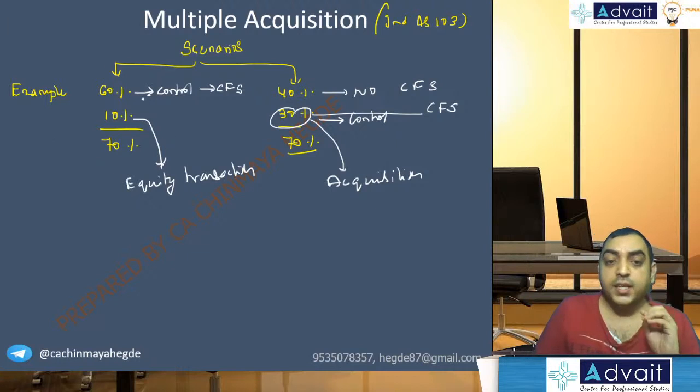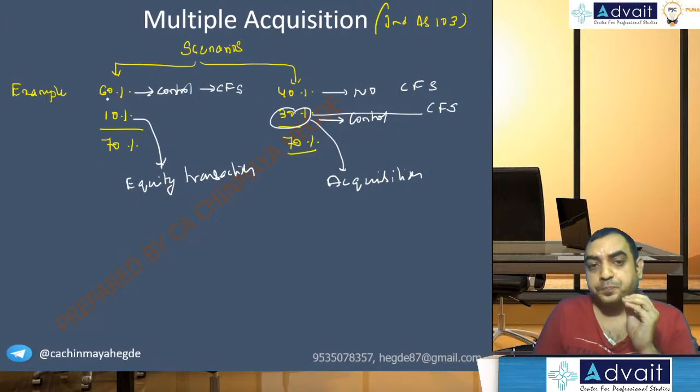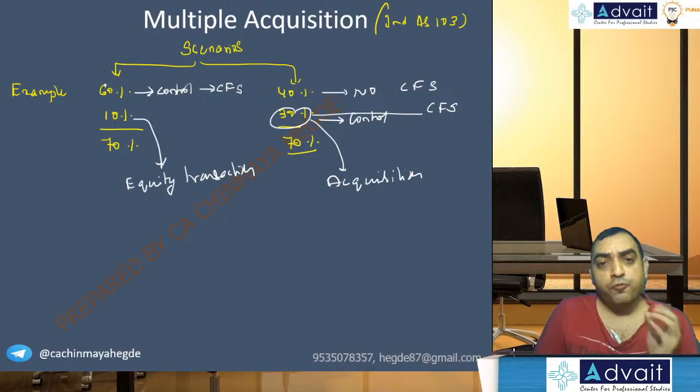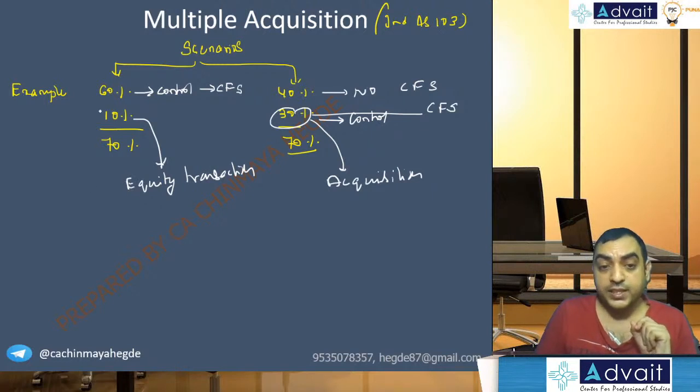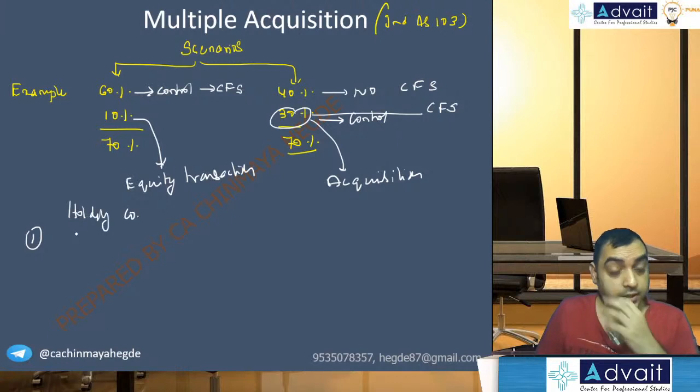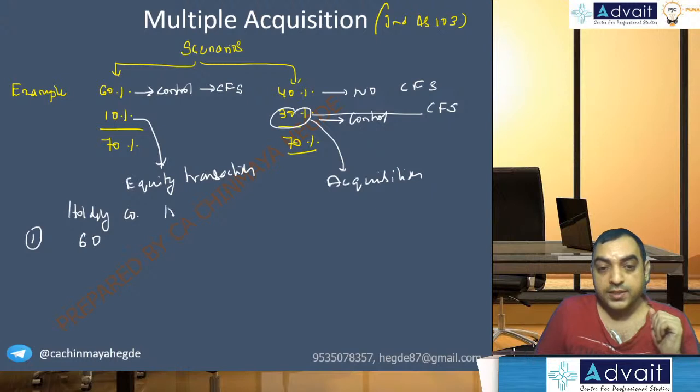In the first case, because you got 60% control, 40% is NCI. When you acquire 10% more, what will happen? On first acquisition, holding company share is 60, NCI share is 40.